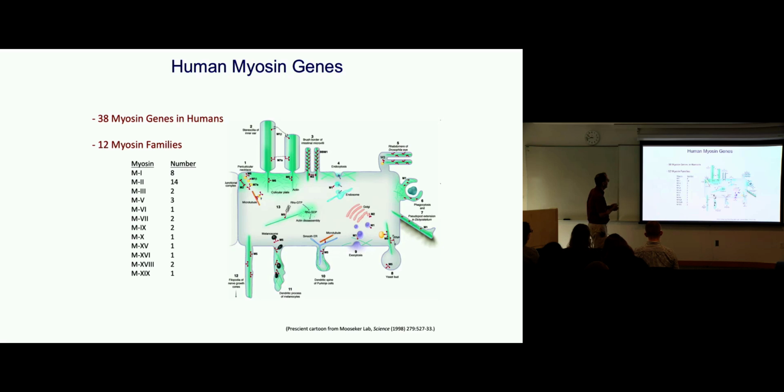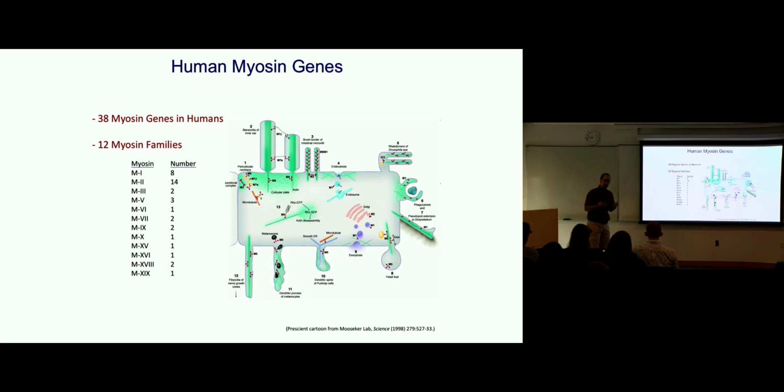Okay, and so myosins, we've got a lot of them. We have 38 different myosin genes in humans, and they do everything from power motions that you've been talking about at adhesions. They're important for moving organelles around, giving organelles their shape. They're important for hearing. They're important for cell migration.